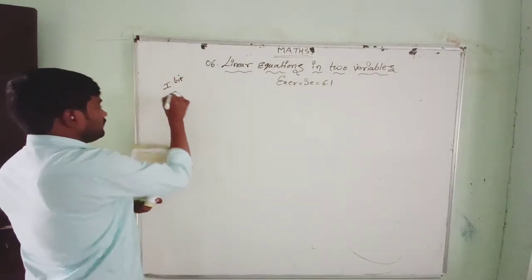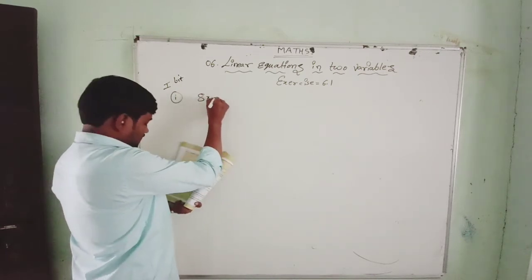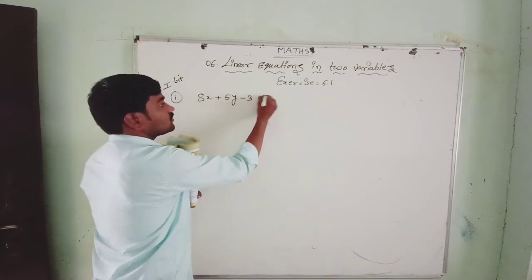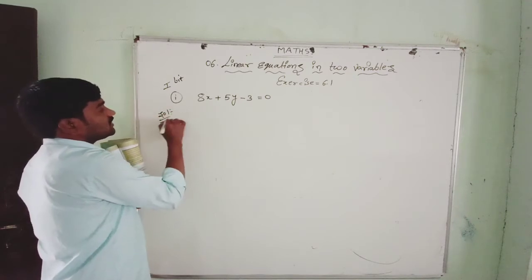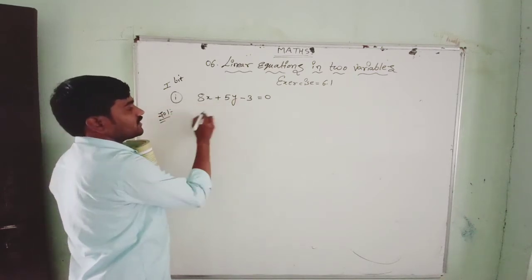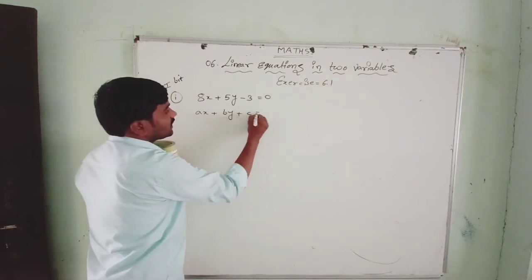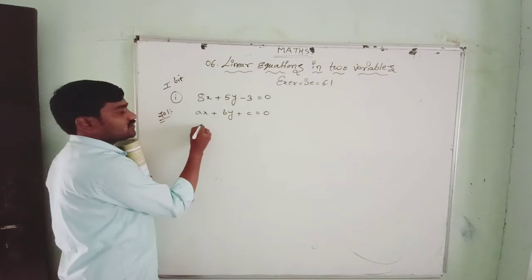And the first question: 8x plus 5y minus 3 equal to 0. Now let us compare this with the linear equation in two variables. Already it is in the form of a linear equation in two variables. Let us compare with ax plus by plus c equal to 0. Now let us find out the a, b, c values.